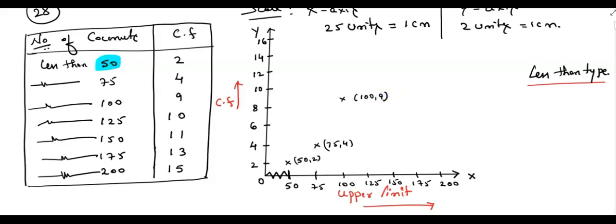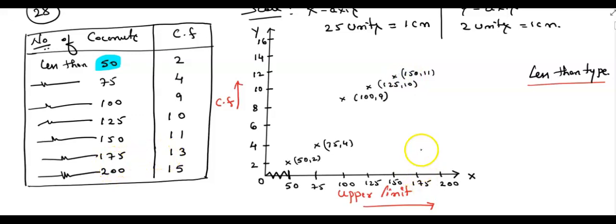And then 125, 10. Next 150, 11. 150 is here and then 11 means it's somewhere here. Next 175, 13, somewhere it comes here.